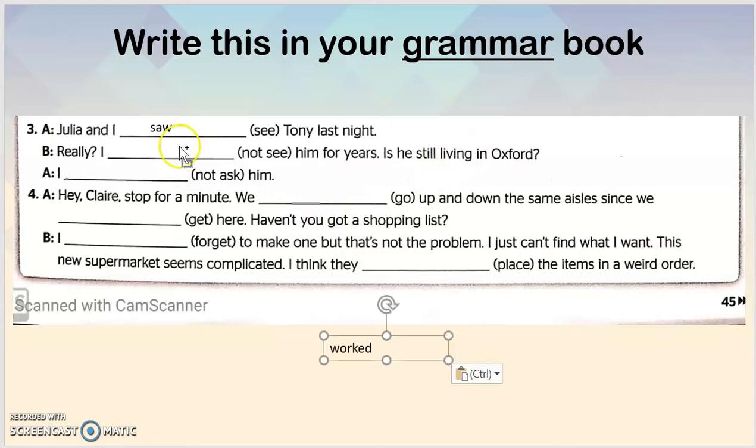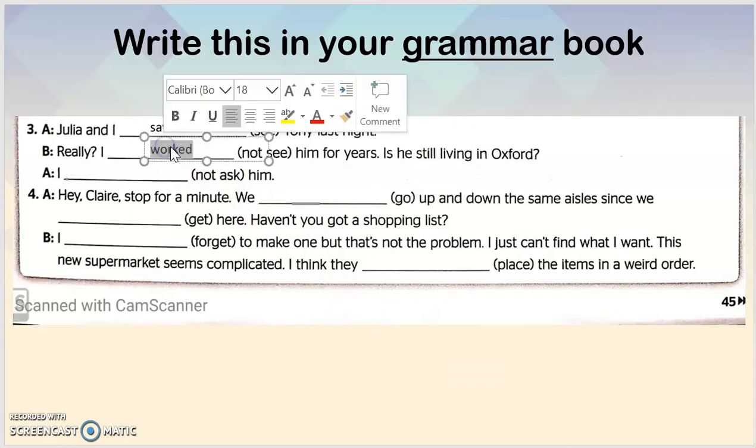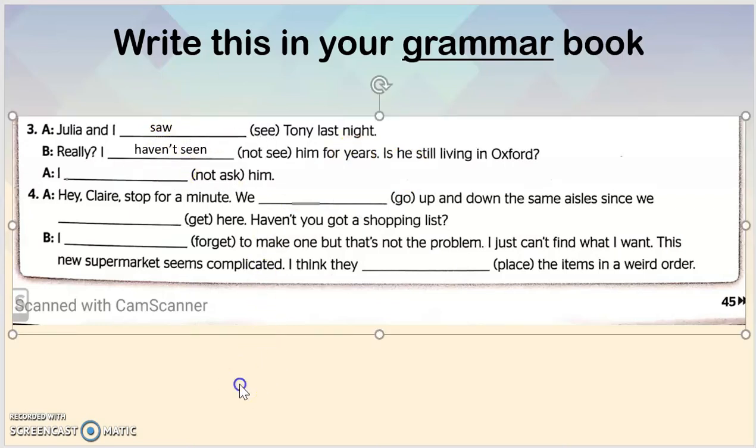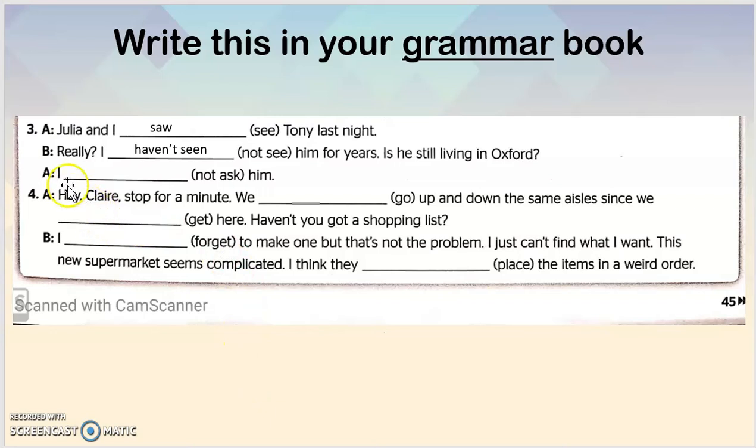Yes, the answer is haven't seen him. So the negative form of have is haven't, and the past participle of see is seen. So the answer is haven't seen him. And A says I blank him.